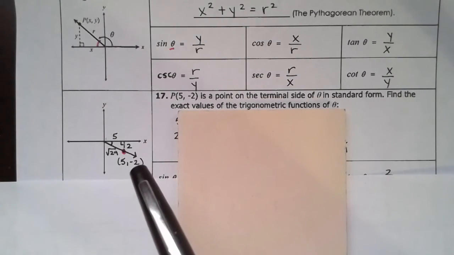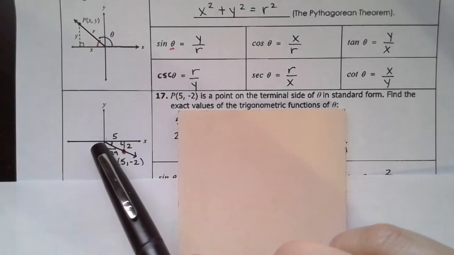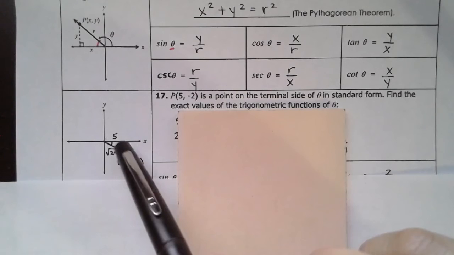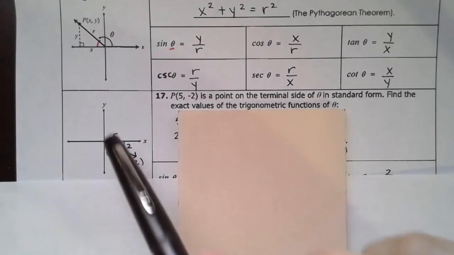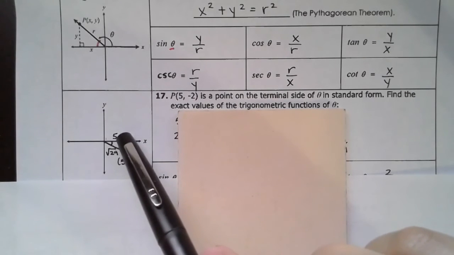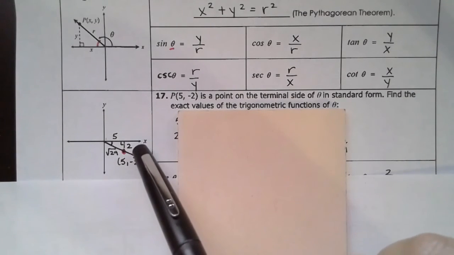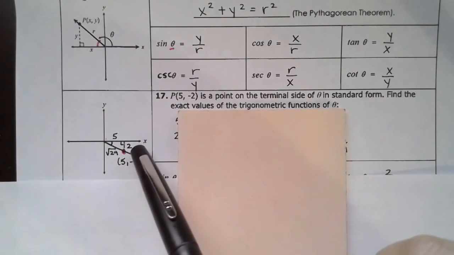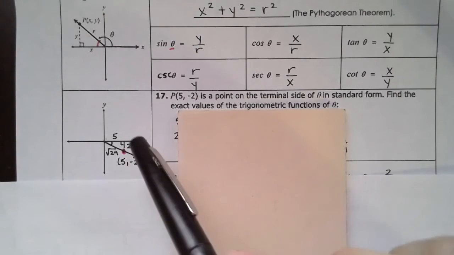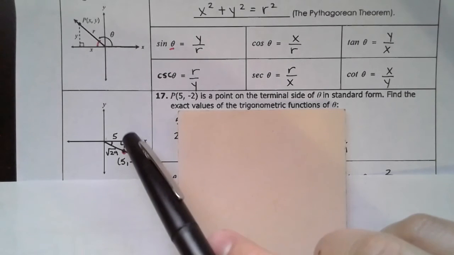So again, from the origin, I move 5 to the right, so the right triangle that gets formed by plotting P has a horizontal side of 5, and then the vertical would be 2. Not negative 2, positive 2, because measures cannot be negative. So it's 2 even though I move negative 2 down.